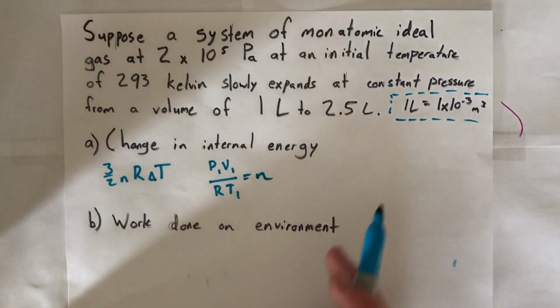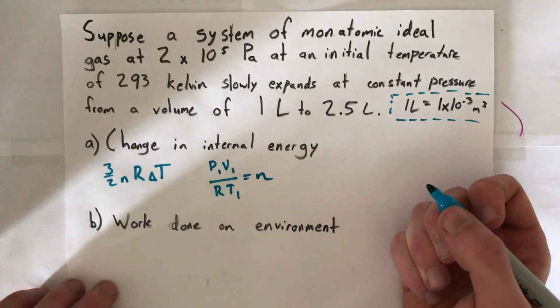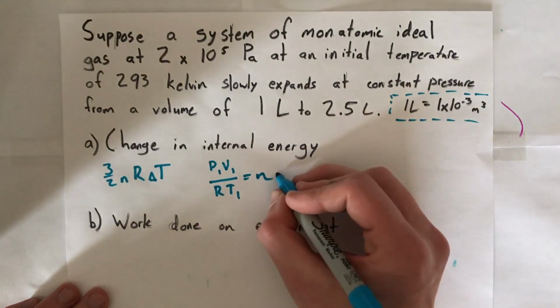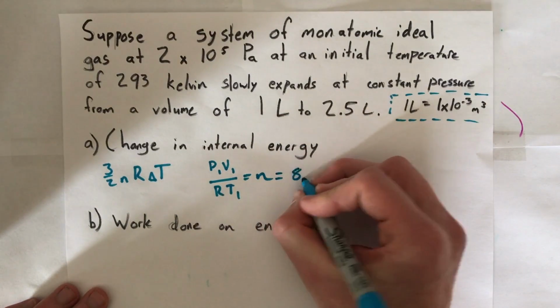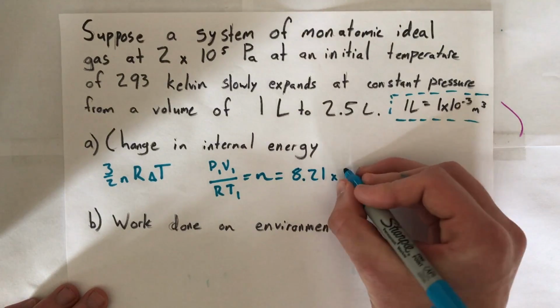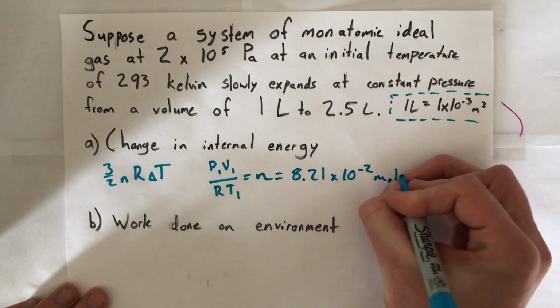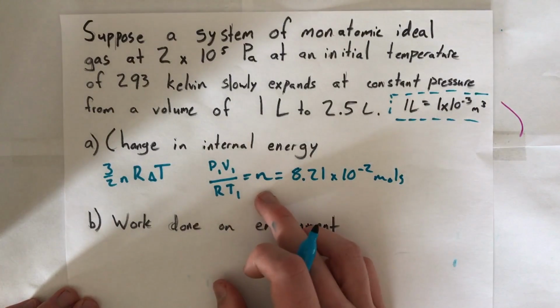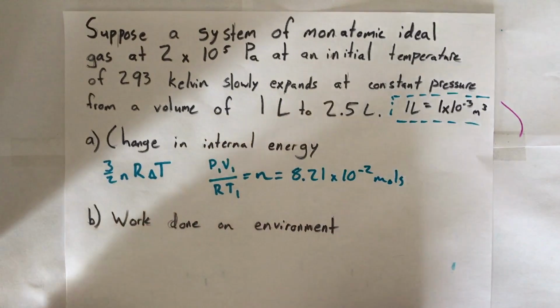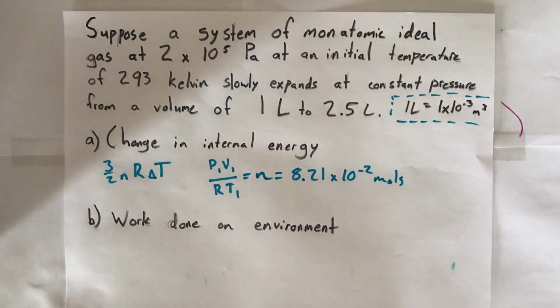Since we're a little bit stressed for time right now, I'm going to go ahead and tell you that n is 8.21 times 10 to the negative 2 moles. So now that we have n, to solve this we need to find our second temperature.